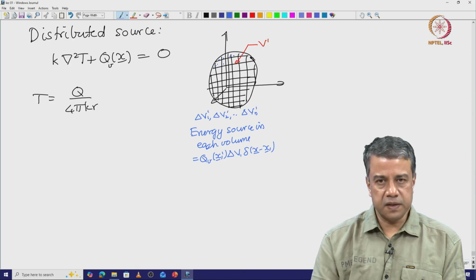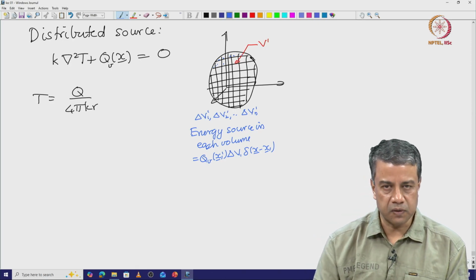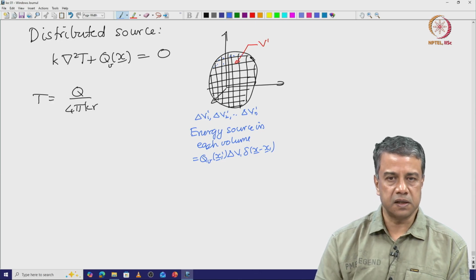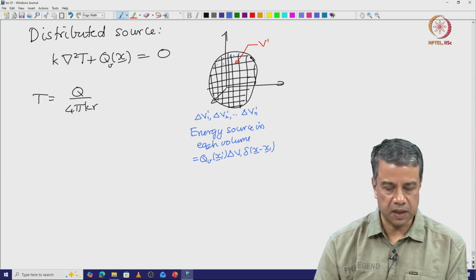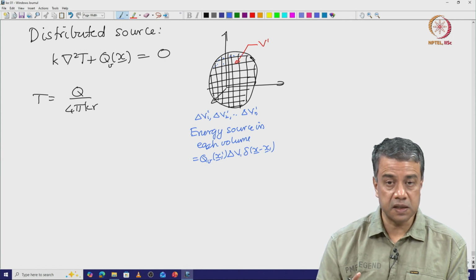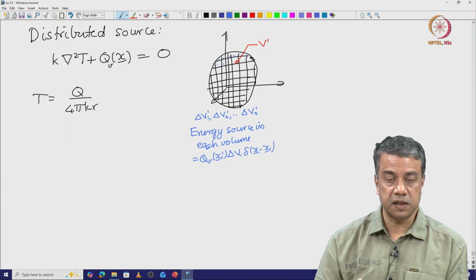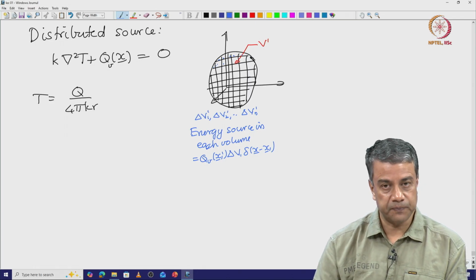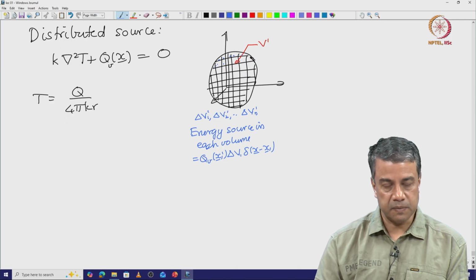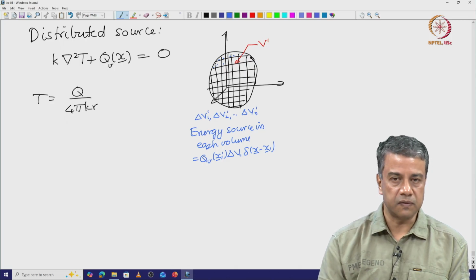Note that QV is the energy generated per unit volume. QV at the location x1 prime is the energy generated per unit volume at that location. QV multiplied by delta V1 prime is the total energy generated within the volume delta V1 prime. That energy generated times delta of x minus x1 prime.